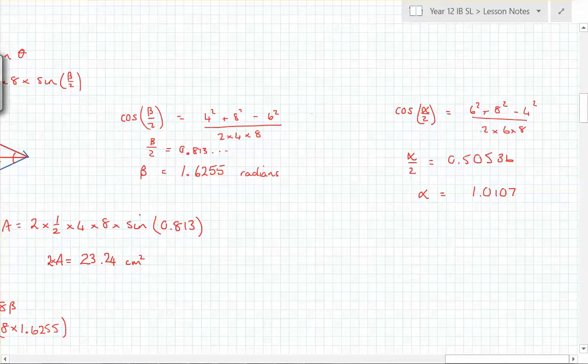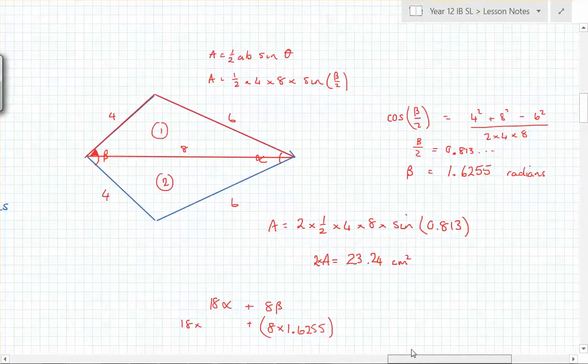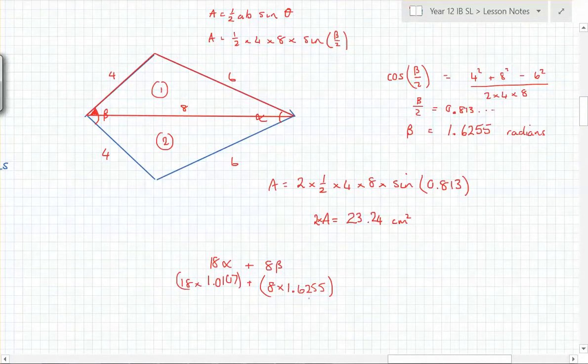Do you all understand how you would do that? So take the inverse cos and all of that. When you've written this down, maybe afterwards, you can go through and check your results. So we end up with 18 times 1.0107.